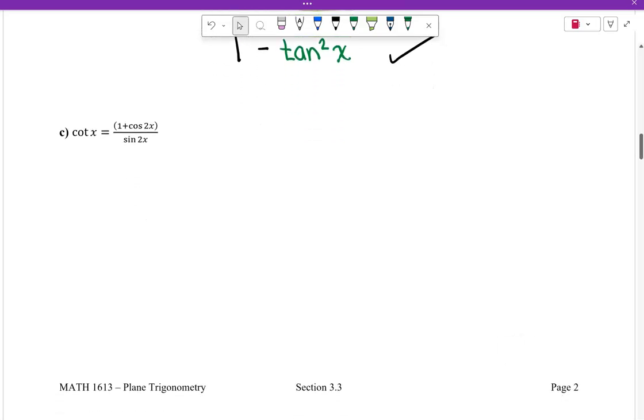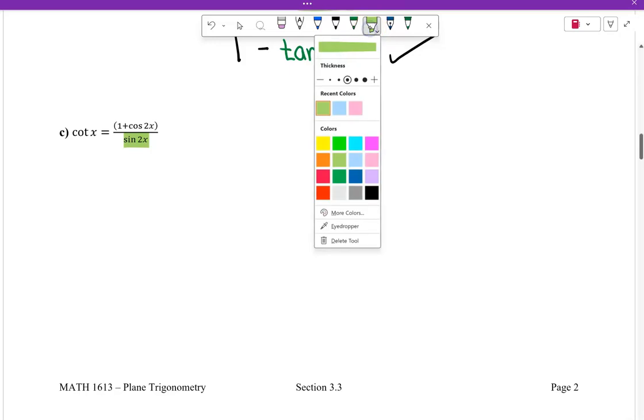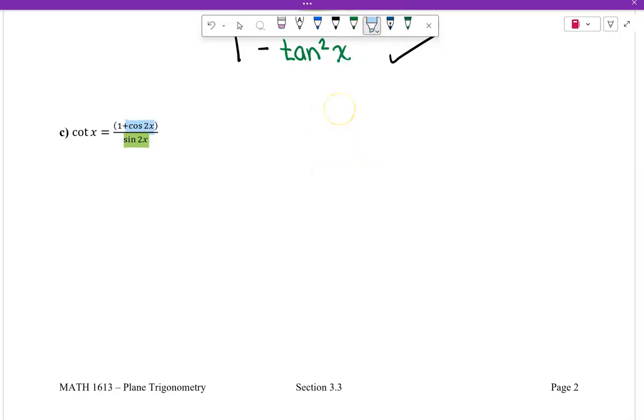Again, it looks like we have a cosine double angle, but we also have a sine double angle. So we might have to be looking at changing 2 of these now. Go ahead and highlight that one in green, and this one in blue. I'm just going to unbox it. We're coming over here with it.